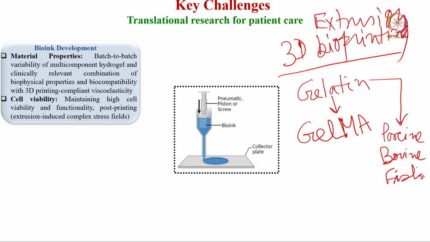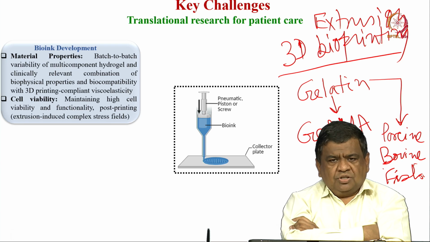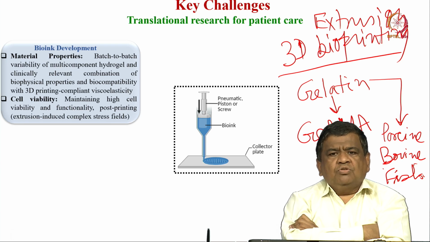Now whatever sources that you use, when you synthesize the gelatin and you essentially make some 20 microliter or 50 microliter or 100 microliter batch, then you do this gelatin to Gelma, because gelatin you hardly can use for extrusion bioprinting, you have to use a Gelma.